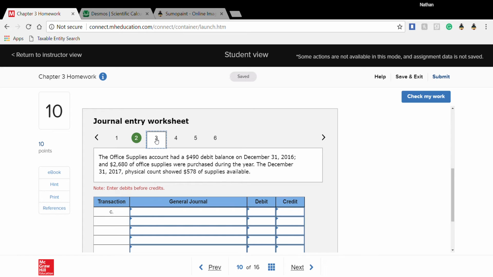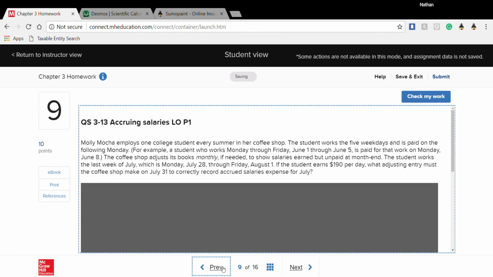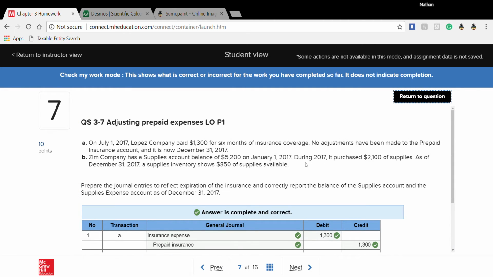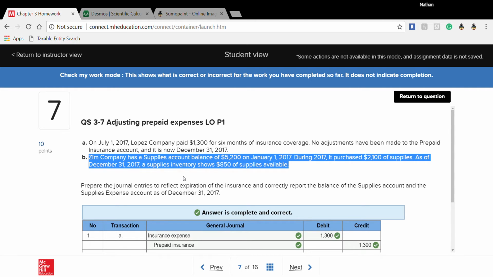Question 3, let's see. The office supplies account had a $490 debit balance on December 1st, and $2,680 of office supplies were purchased during the year. The December physical count shows $578. This one runs the same as our prepaid; we're doing exactly this again.